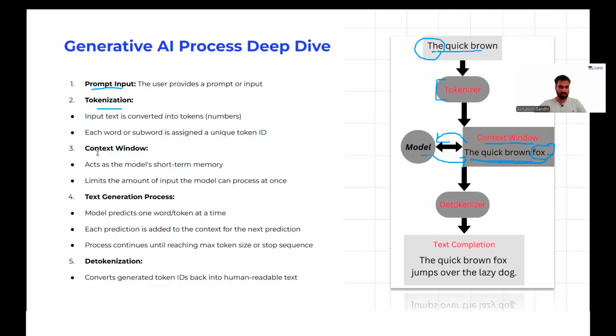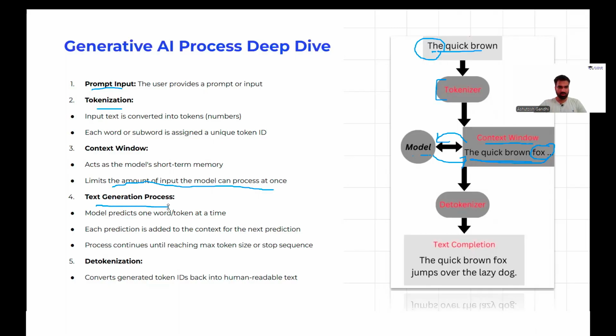So the context window acts as the model's short-term memory, and it limits the amount of input the model can process at once, which is defined by the context window size or the maximum number of tokens that we have selected in the console.